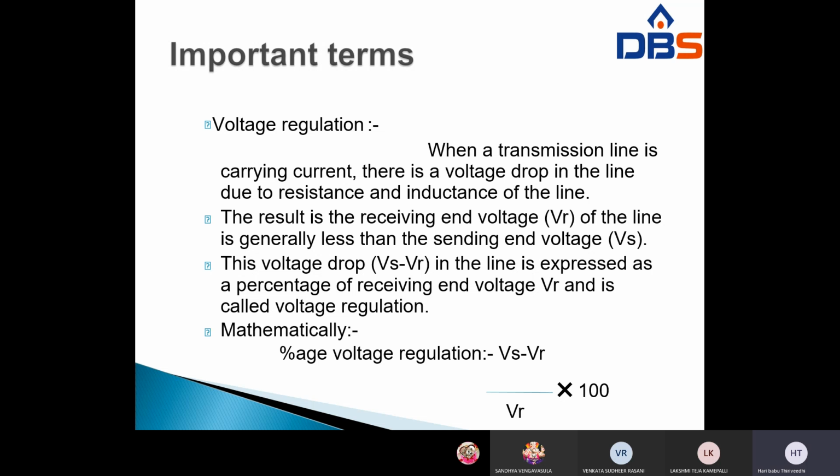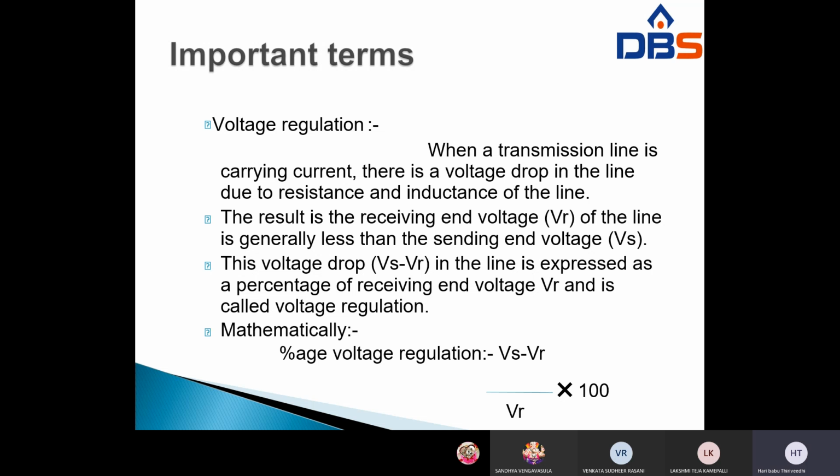When a transmission line is carrying current, whenever a conductor carries current, some voltage drop is there, right? Voltage drop is nothing but V is equal to IR or IZ. It is AC, that's why IZ. The product of current and impedance is nothing but the voltage drop.